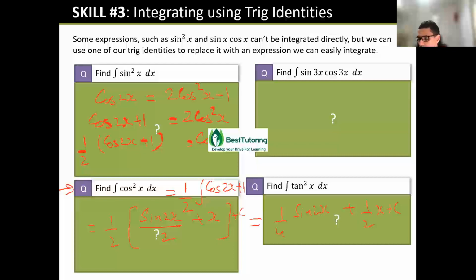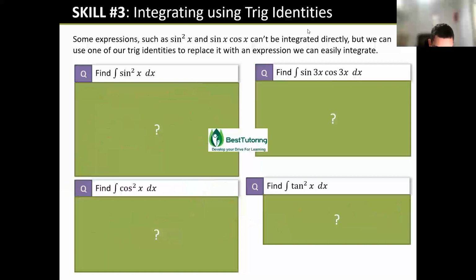Yes, Kaya, you see everyone get it? Right. Okay, guys, we go for the next question, which is this one.